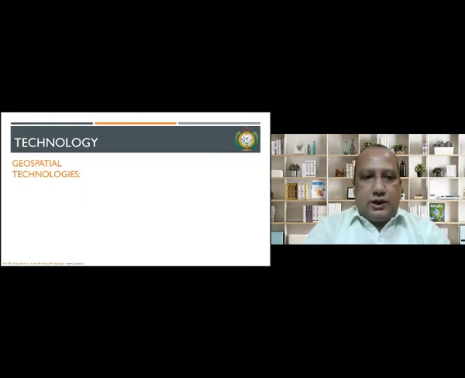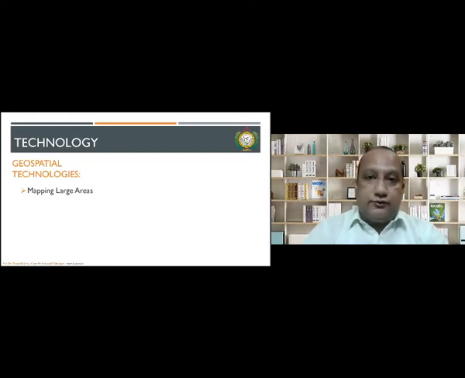So we'll talk about some of the things that we can do through geospatial technologies, or some of the advantages. The first advantage we have already seen in the previous slide: we can map large areas. The areas where we would have to spend a lot of time visiting, we can view through maps built with these technologies, just sitting in our office, like something like Google Earth.